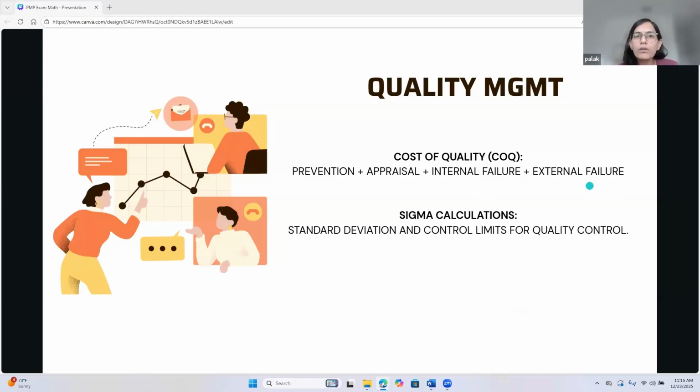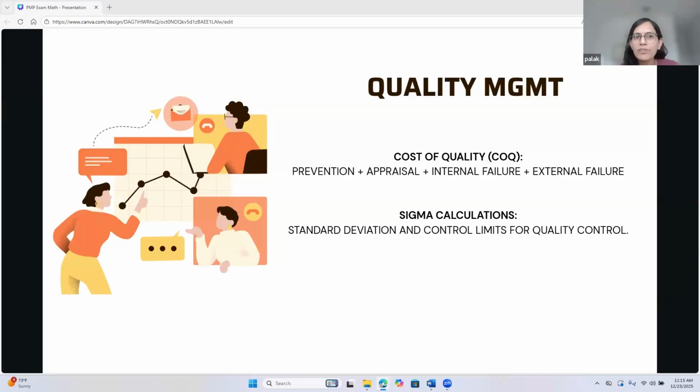Okay, so it's the total cost of ensuring quality plus the cost of failing to meet quality standards. So it's not just about defects, but about the entire quality system of prevention, detection, and correction.